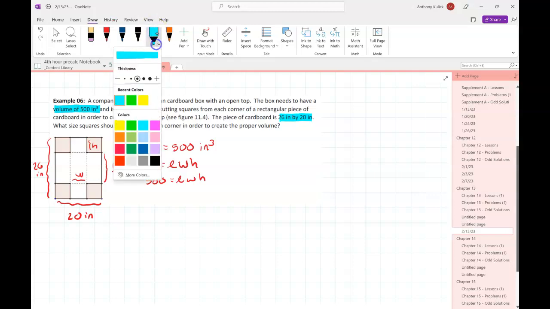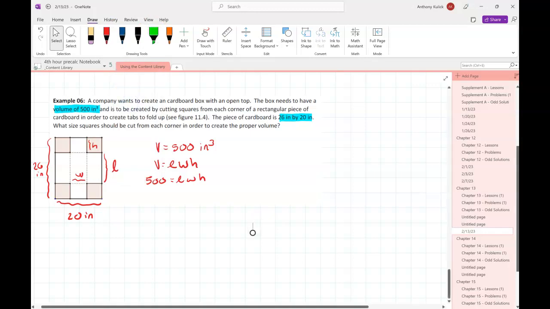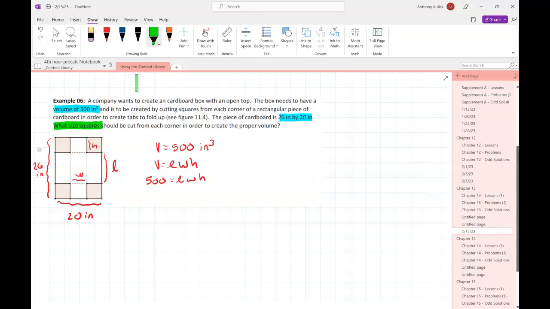And then what is it that we're actually looking for? That size of the squares that should be cut from the corners, right? So I'm going to say that'll be my variable x.